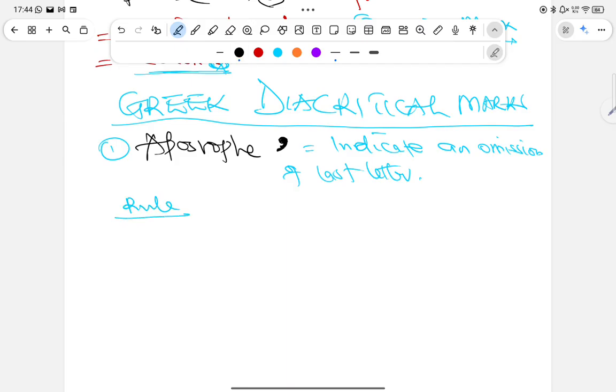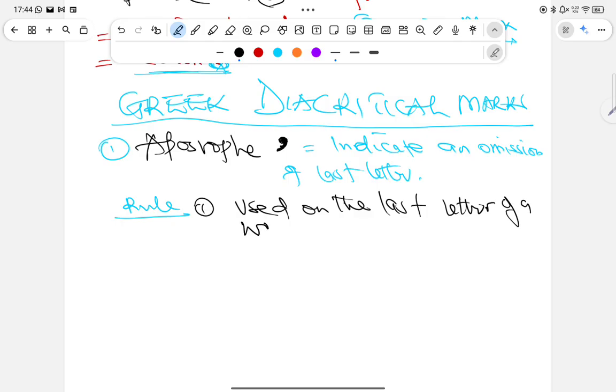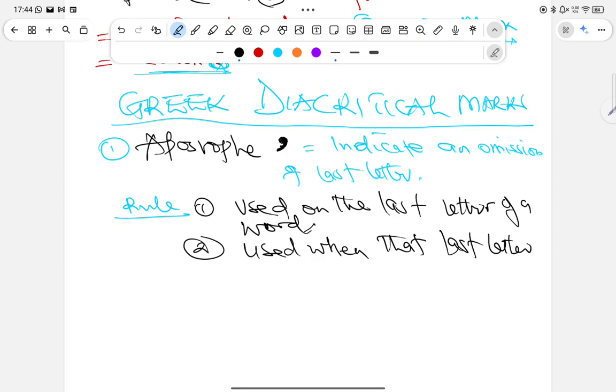First rule, number 1, it is used on the last letter of a word. Secondly, it's used when that last letter is a vowel.